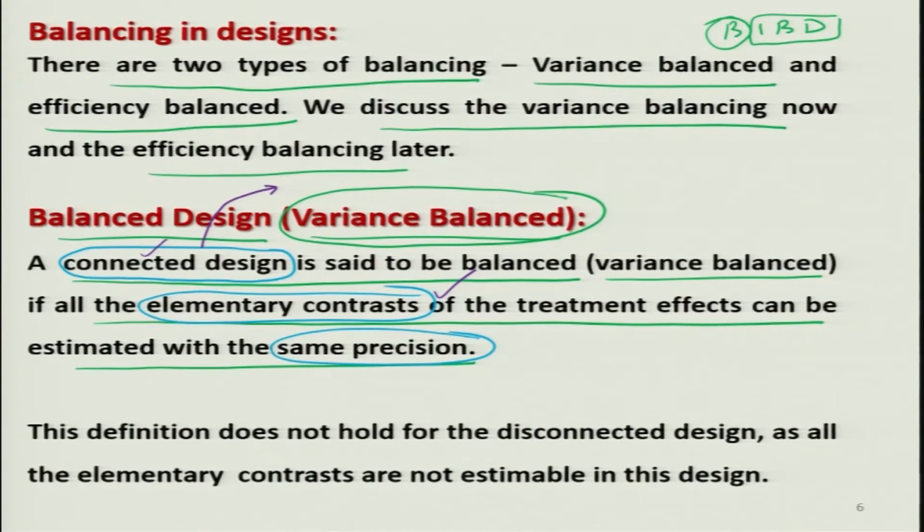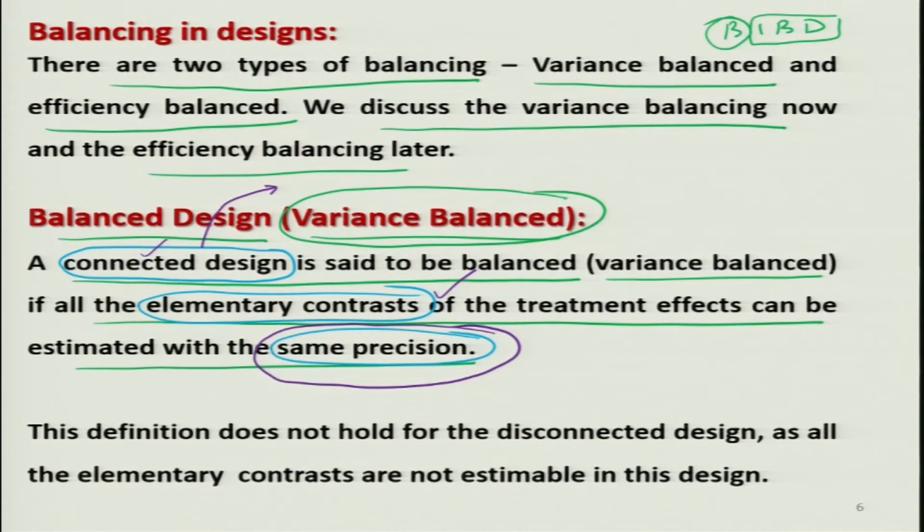Now, when you try to find the variance of the estimates of these treatment effects, if all pairs of estimates of treatment have the same variance, that means they have the same precision, then the design is said to be balanced.